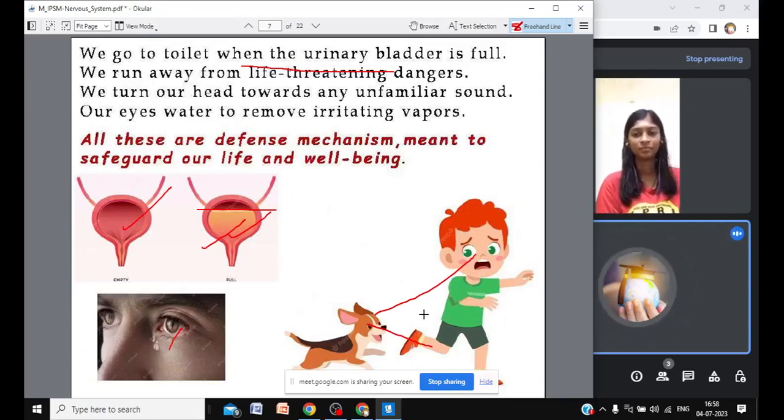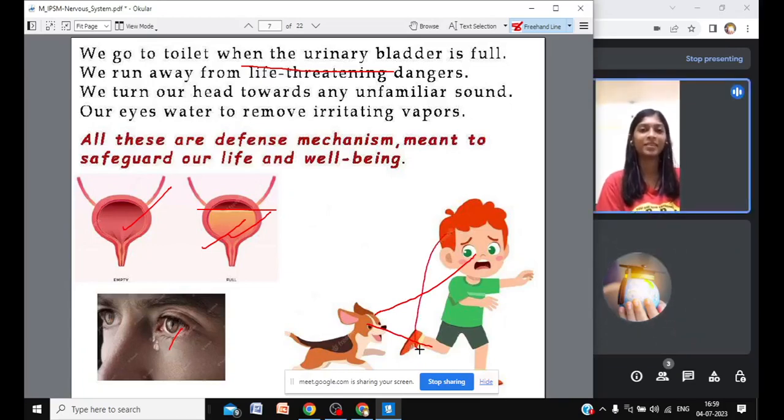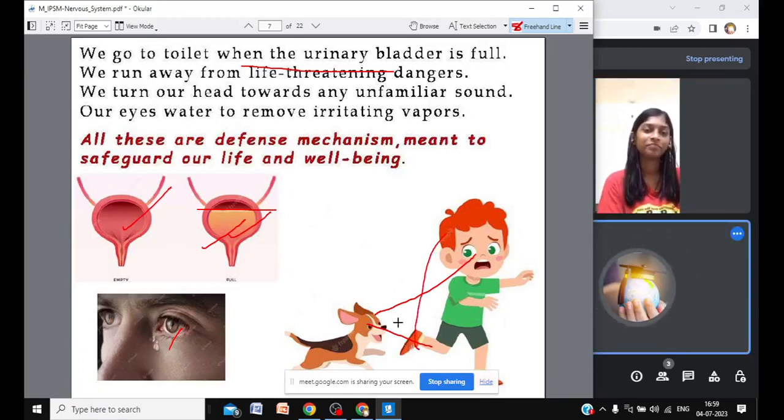Either it can say fight or it can say run. It depends on the brain. This is the fight or flight mechanism. So the eye will see the danger and send the message to the brain. Now the brain will send the message to the hands and legs, whether to run or to fight or to stand still, whatever it is.